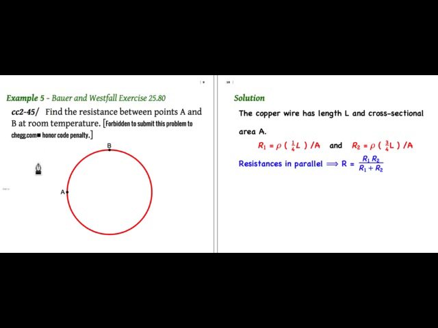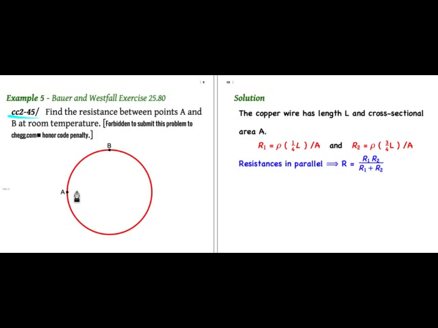Well, here's one more example. This is, again, an example taken from the textbook by Bauer and Westphal in chapter 25, exercise 80. In fact, this is one of the homework problems. This is called CC 245. You have a piece of wire in the form of a circle.